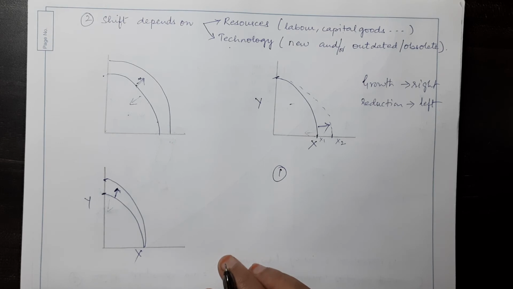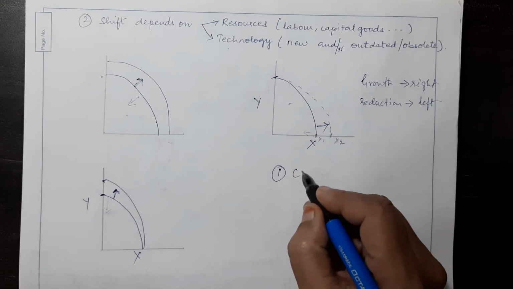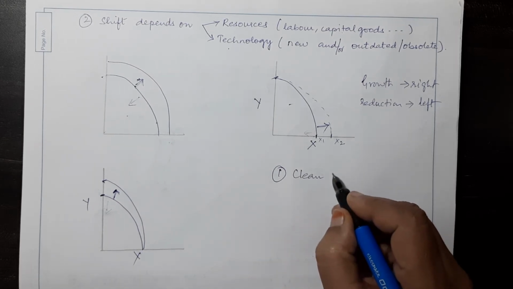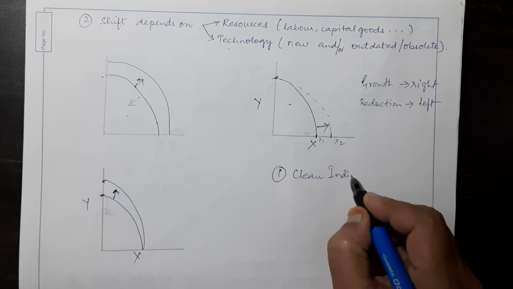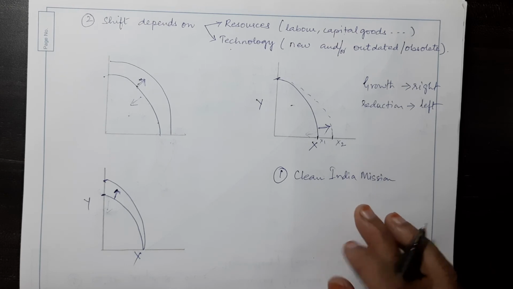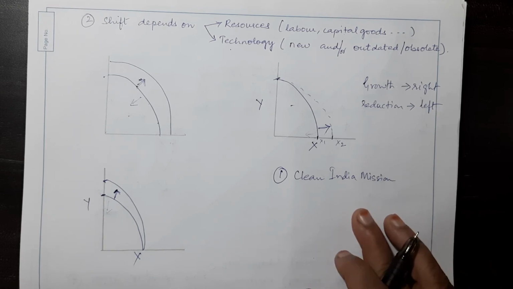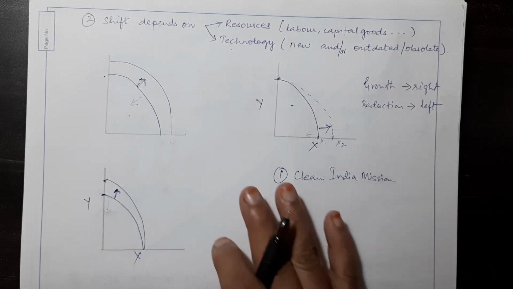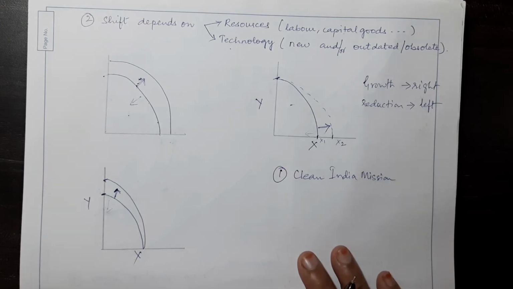The first one is the Clean India Mission, or Swachh Bharat Abhiyan. What is this Swachh Bharat Abhiyan? Does it have any effect on the production possibility curve of an economy? Yes.